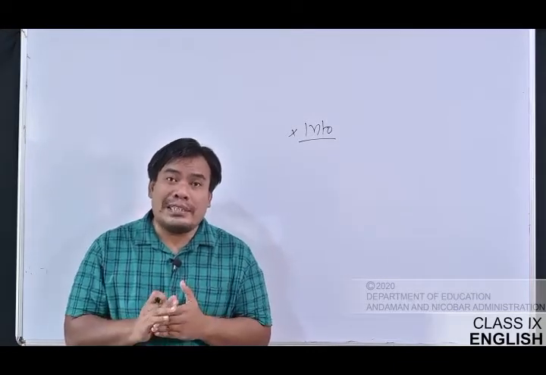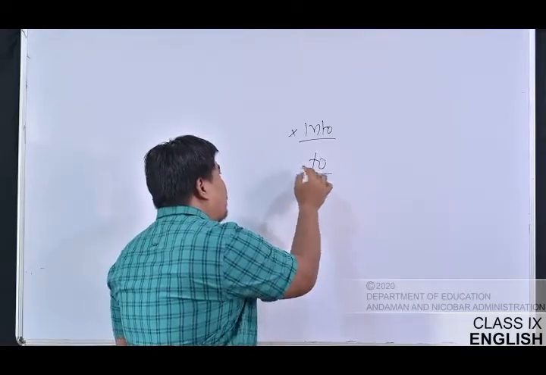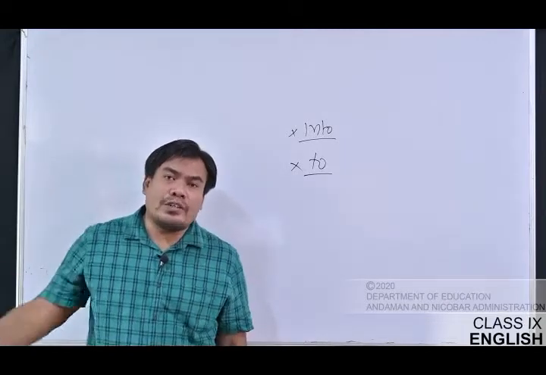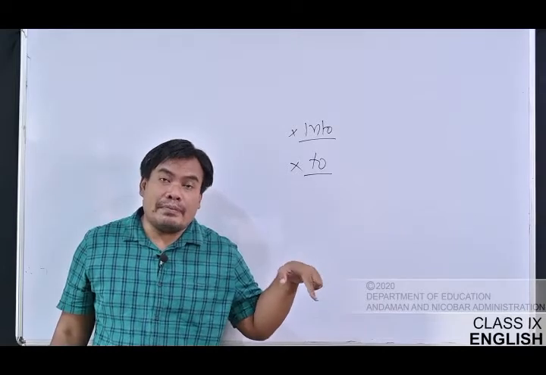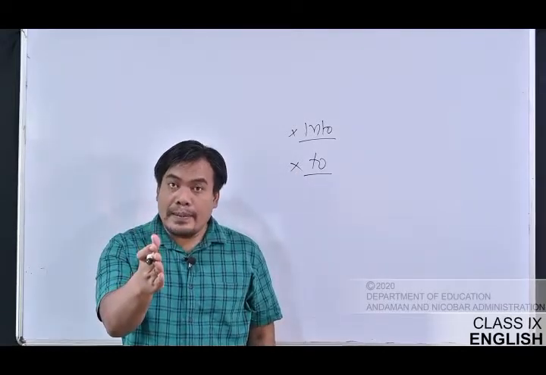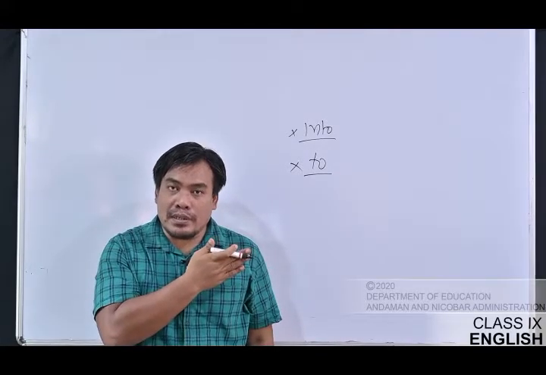In spite of saying to, remove that to from there. I told him. So what you have to say? I told him to go there, not I told to him. You have to remove this to in that particular sentence. Okay? Make that proper whenever you are speaking or writing such words.